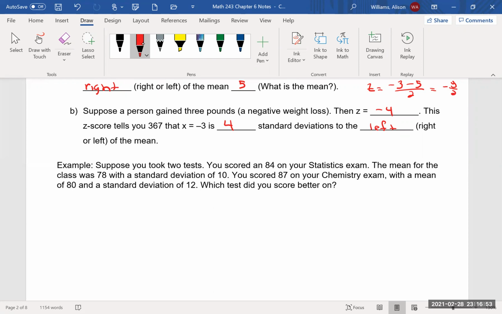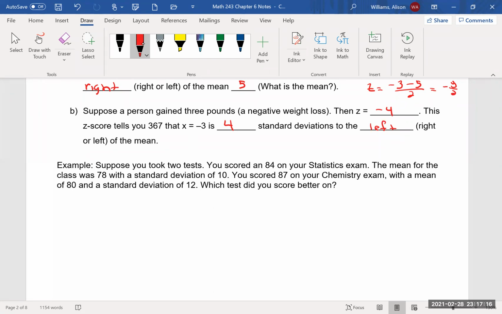You scored 87 on your chemistry exam with a mean of 80 and a standard deviation of 12. So both exams you did better than the average. The question is, which one did you actually do better on? So we're comparing it to the rest of the class and how much better you maybe have done on the exam.